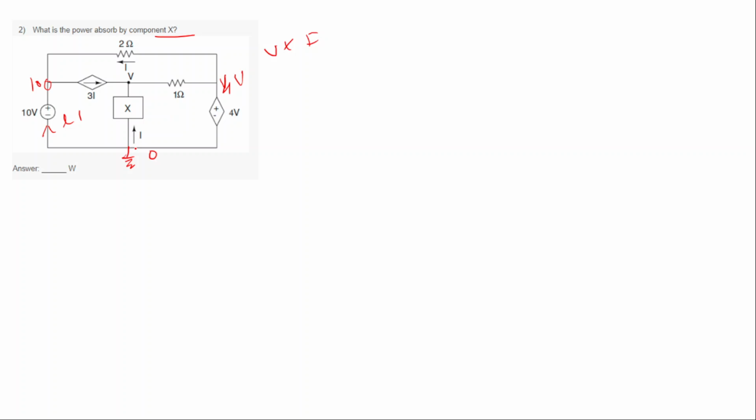Applying the node voltage at this node, this will be equal to the incoming current I1, minus 3I since this current is going outside, plus I since this I current is coming inside, equals 0.